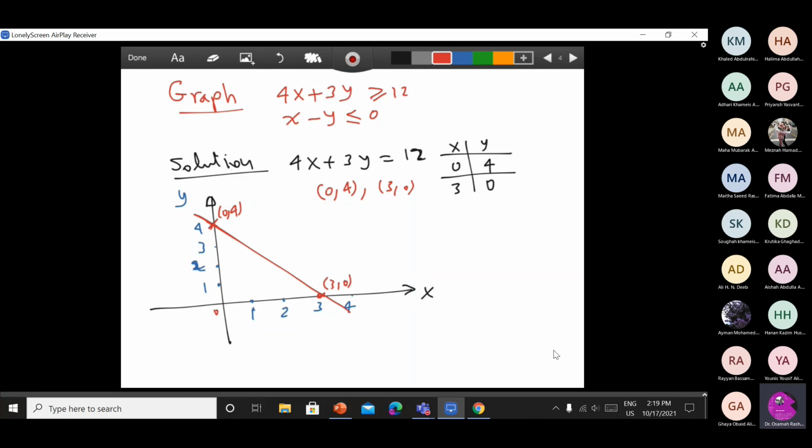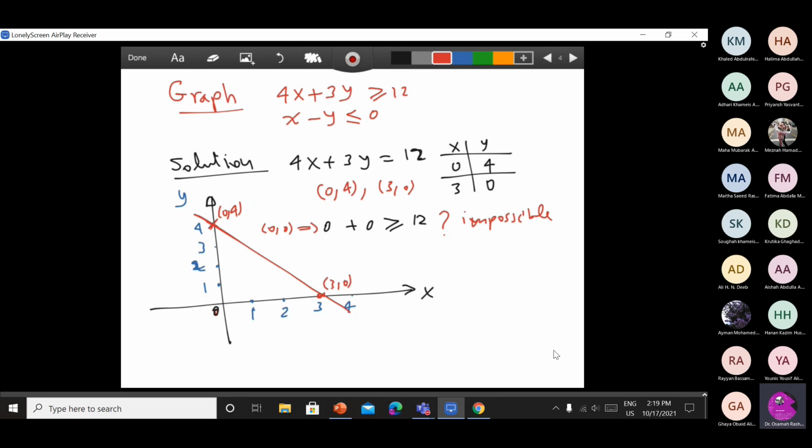Now I would like to check, do I take the points down the line or above the line? I can check with 0 and 0. If I put 0 and 0, I have 0 plus 0 greater than or equal to 12. No, this is impossible. Because this is impossible, I cannot take the point 0 and 0.